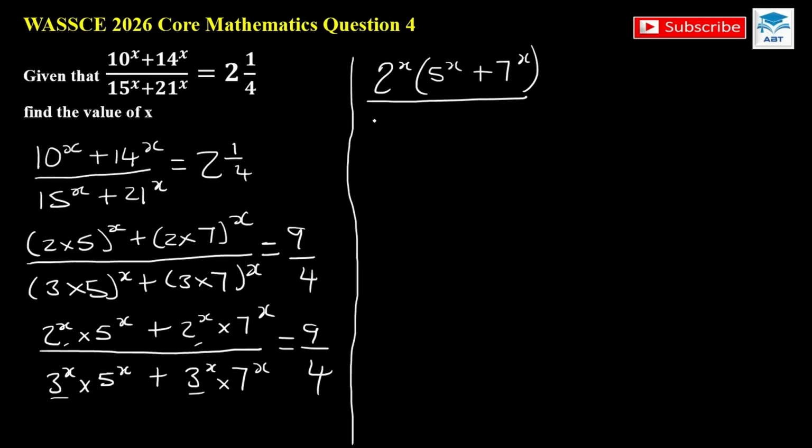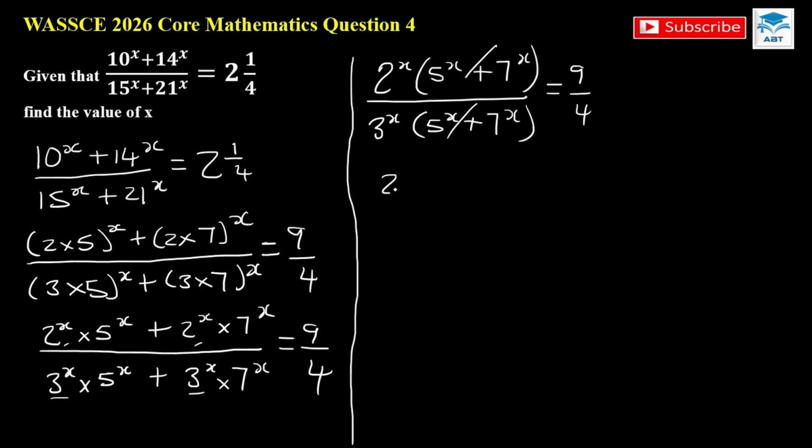We can factorize it out, leaving 5^x + 7^x in the bracket. We equate it to 9 over 4. 5^x + 7^x is the same at the numerator and denominator. We can cancel them out.